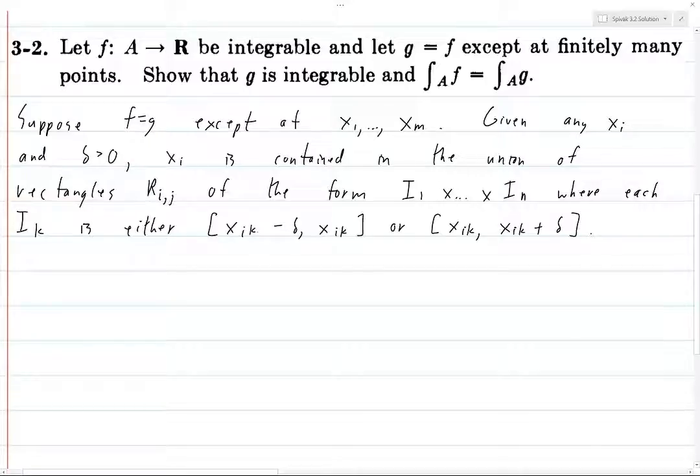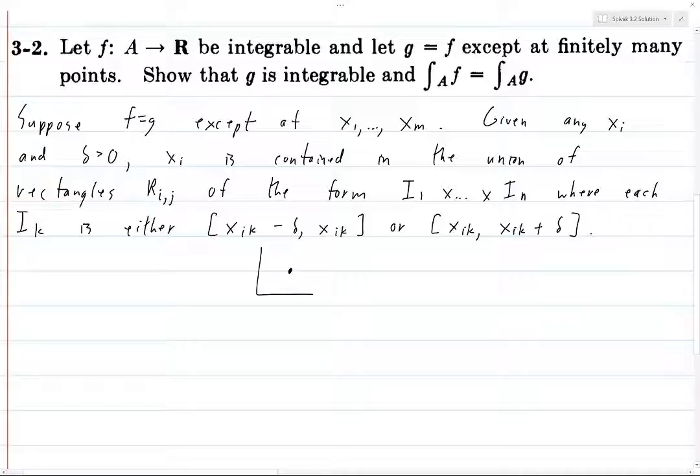Okay, so what are we really doing here? A way to visualize this is that if we take a point in R2, let's say that this is our particular x, then we're creating a neighborhood about this point, and this neighborhood is broken up into rectangles, each of which touches this point at a corner.